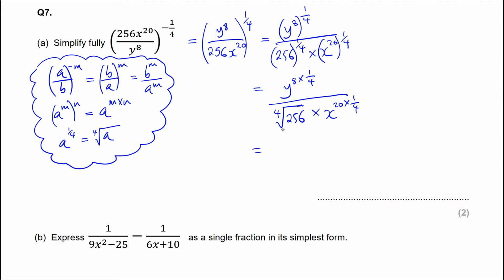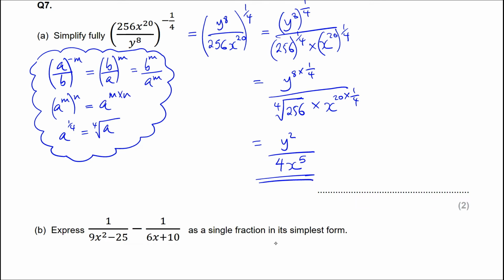Now, a quarter of 8 is just 2, so that's y squared, over fourth root of 256 is 4, so that will just be 4. You can actually just plug in the calculator, and then a quarter of 20 is 5, and that will be your required solution.